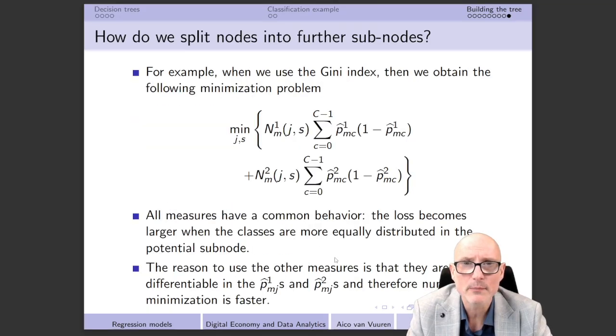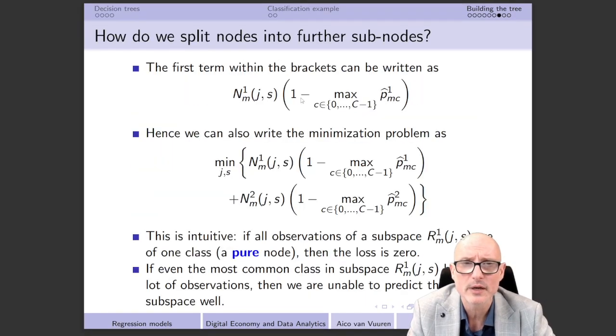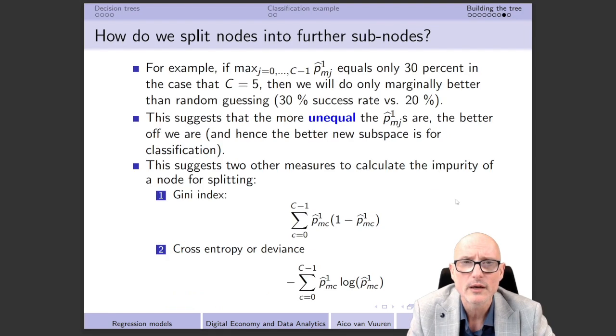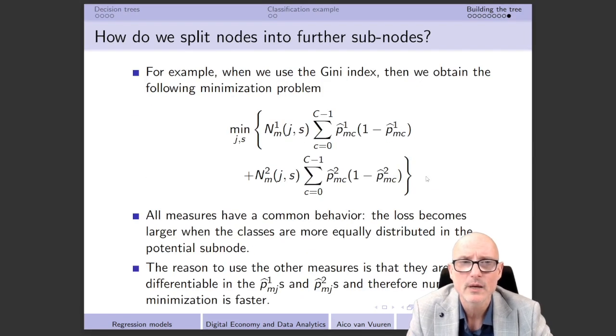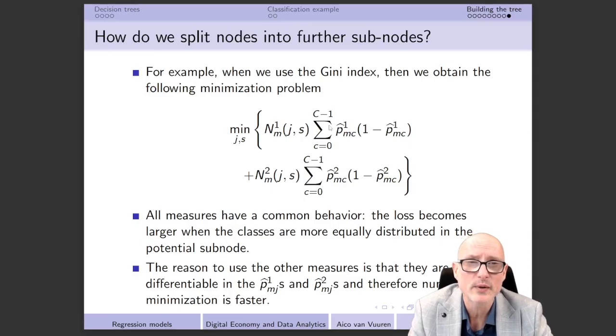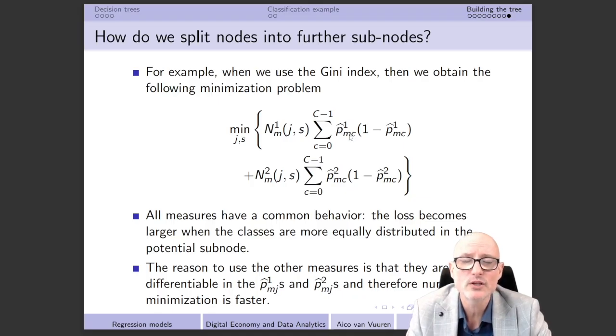And for example, at the moment that we use the Gini index, then instead of doing the minimization that we have over here, we could as well do the minimization that we have over here. The nice thing with respect to this minimization is that it is actually differentiable, because this function that we have over here at least is differentiable in this p hat 1mc. So that is going to be a very high benefit compared to the situation that we had before.